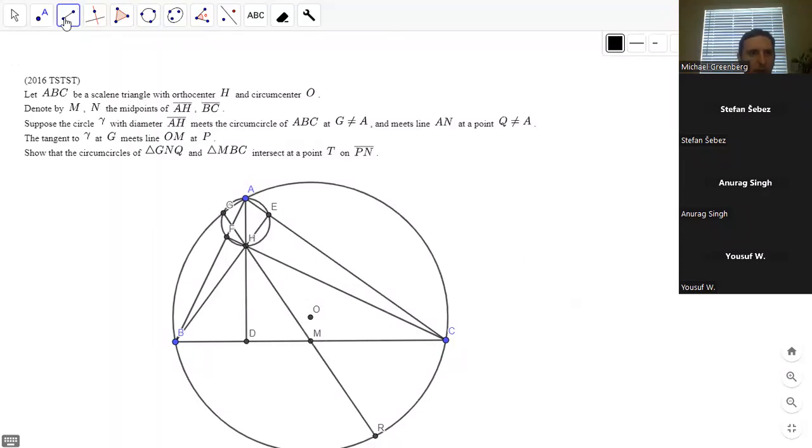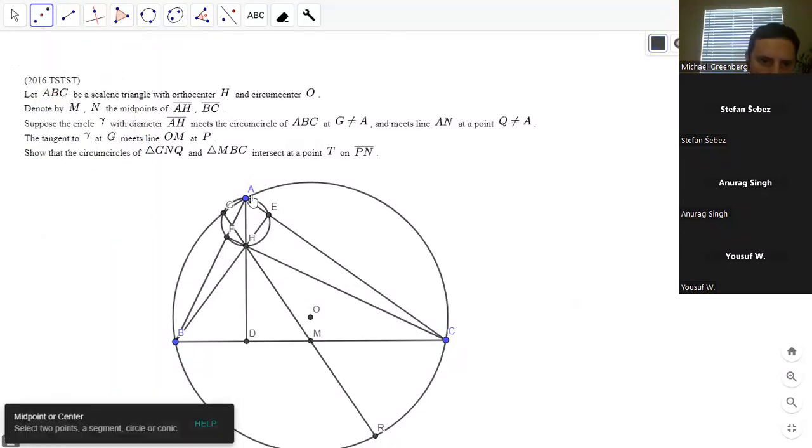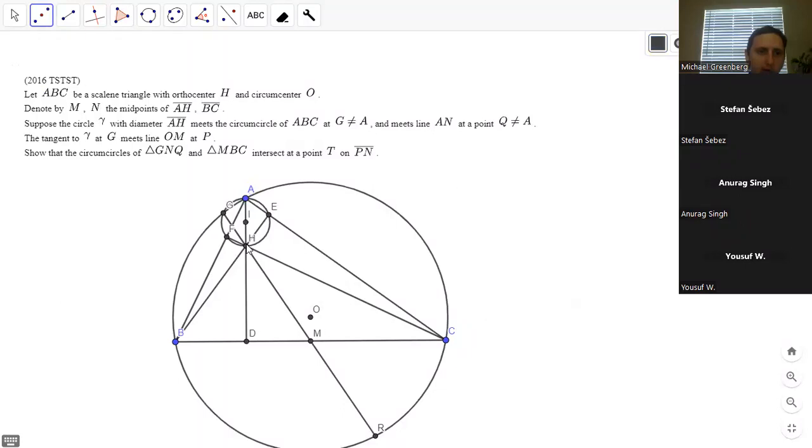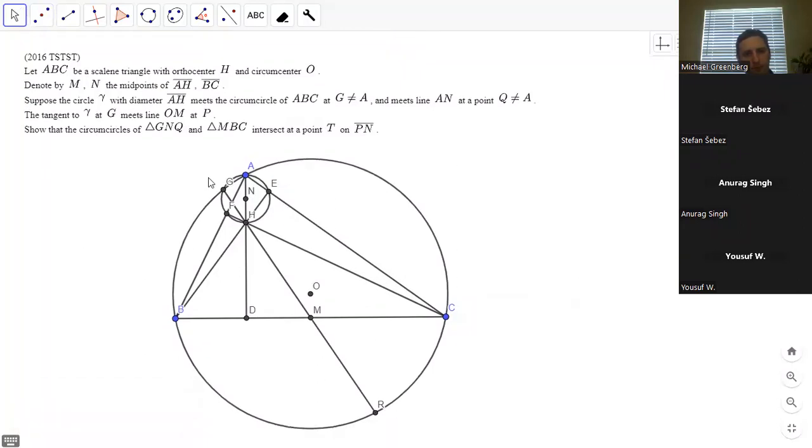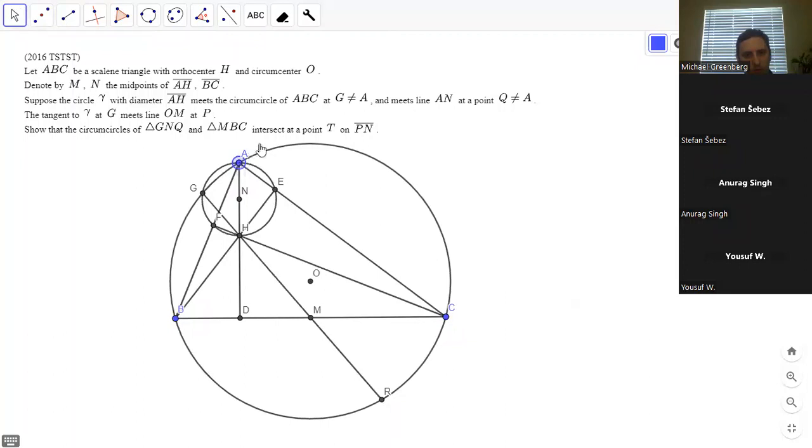N is the midpoint of AH. Yeah, this altitude tool has been really helpful. Or orthocenter tool. So let's see. More problems. Okay. So it meets the line AN.